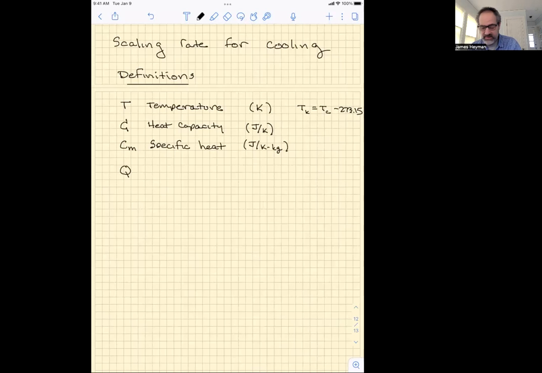We're going to use Q here to denote energy, and specifically here, I mean heat. Heat is a form of energy, so this has the same units as energy, joules.